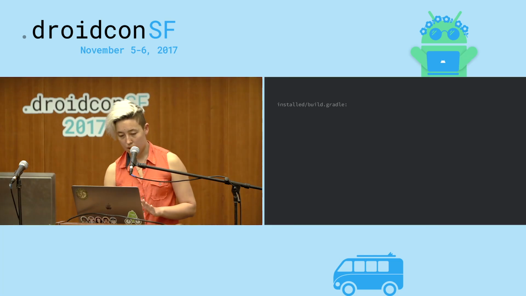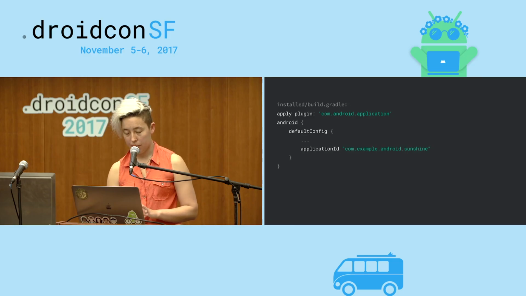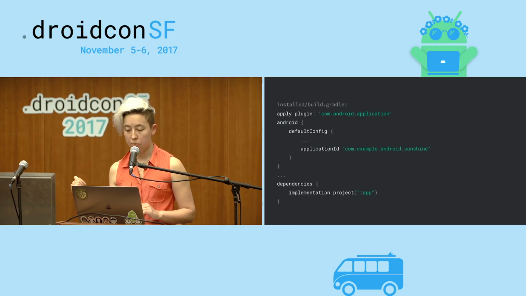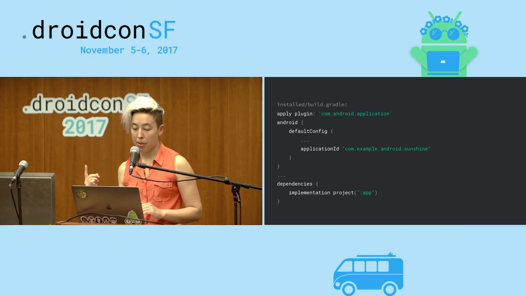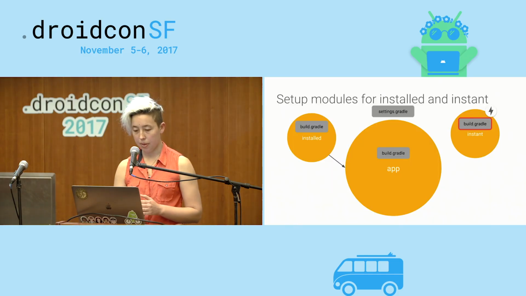Okay, so this is not super exciting because this is probably stuff that you've seen before, but I'm using the application plugin. Again, you can see that my application ID is there, and then I have that one dependency on my app code.